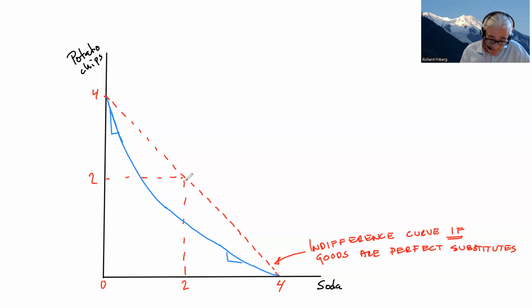Another point to note here is that if we're thinking of the perfect substitutes case, here we would have 2 of each. When preferences are such that goods are imperfect substitutes, I'm willing to have fewer units in total if I have a nice combination.